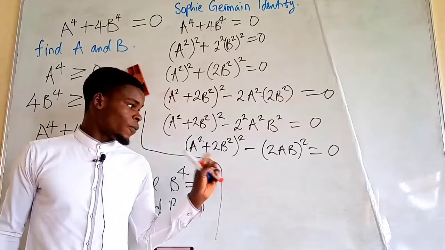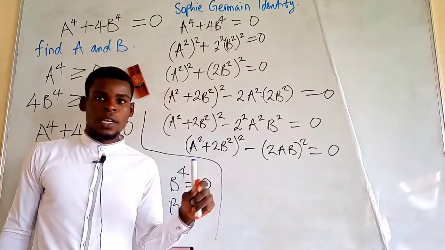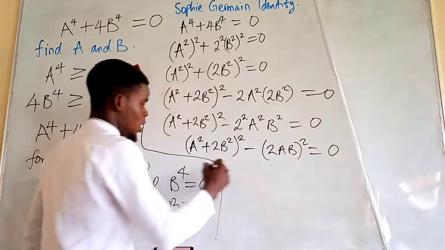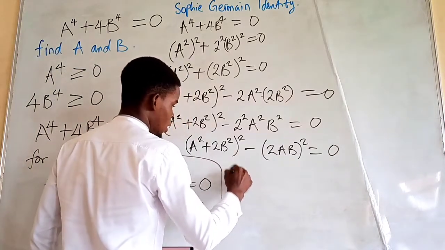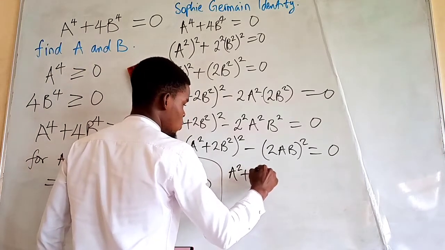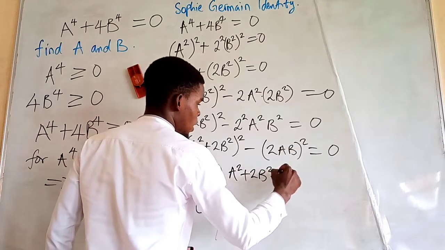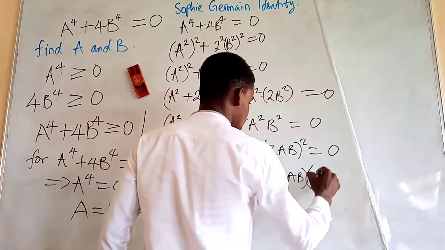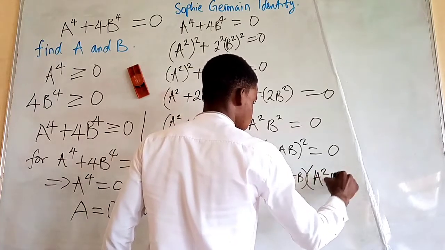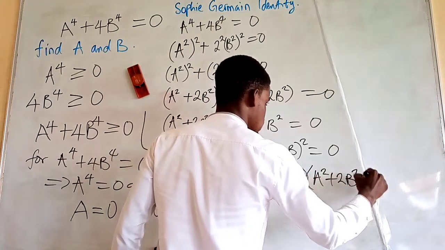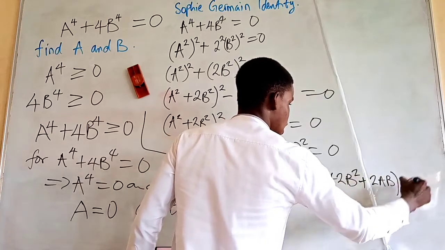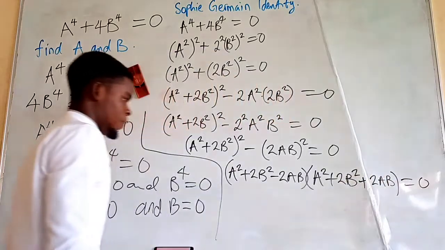We just take the first term, subtract the second term from it, multiply with, add the two terms together. That is to say, we're going to have a squared plus 2b squared minus 2ab times, again, a squared plus 2b squared plus 2ab, and we equate that to 0.